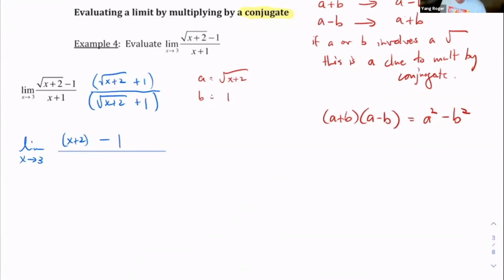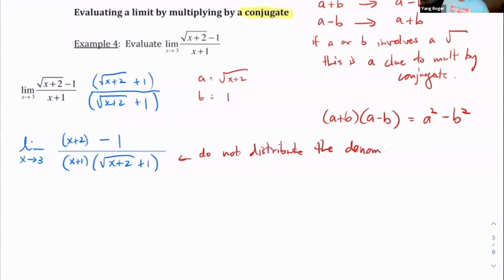And the denominator, do not distribute the denominator. Just write the whole expression. So my comment is, do not distribute the denominator. Does anybody know why we don't want to distribute the denominator? Anyone want to say, or can you predict?